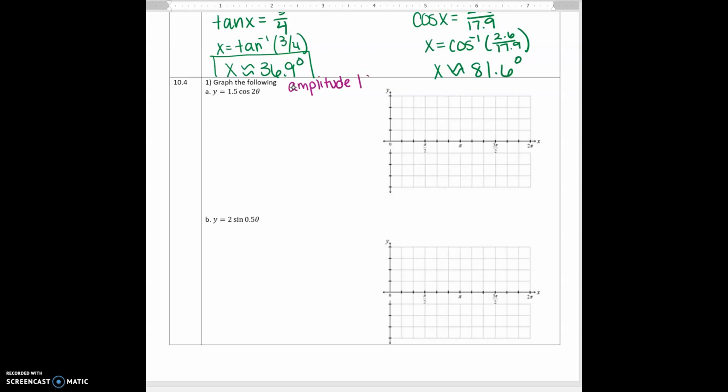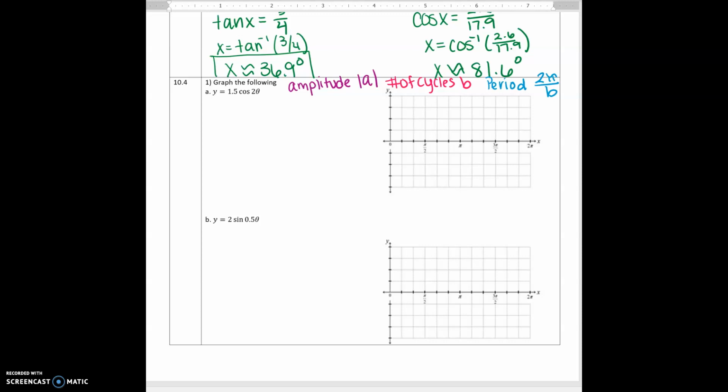And that you're going to find by taking the absolute value of A. You also need to find the number of cycles. And remember, that's like how many times it repeats. And that you find by just looking at the B value. And then you also need to find the period, which you find by doing 2 pi divided by B.